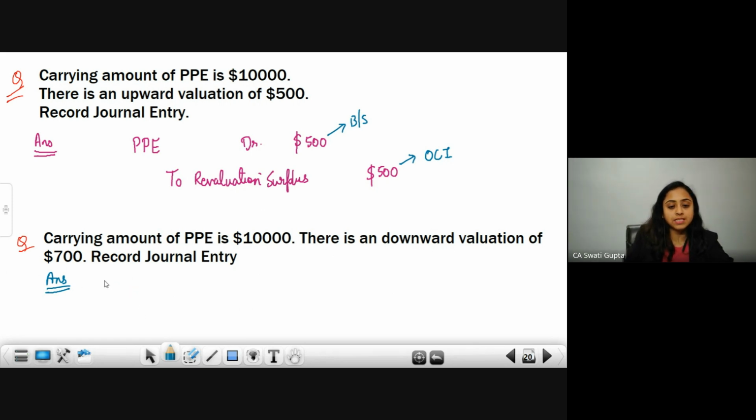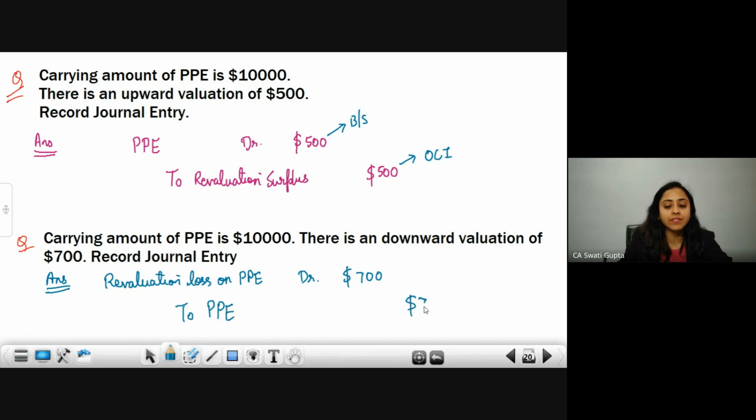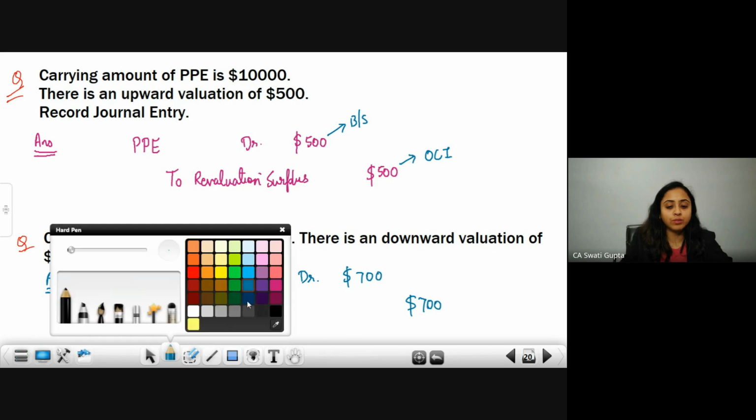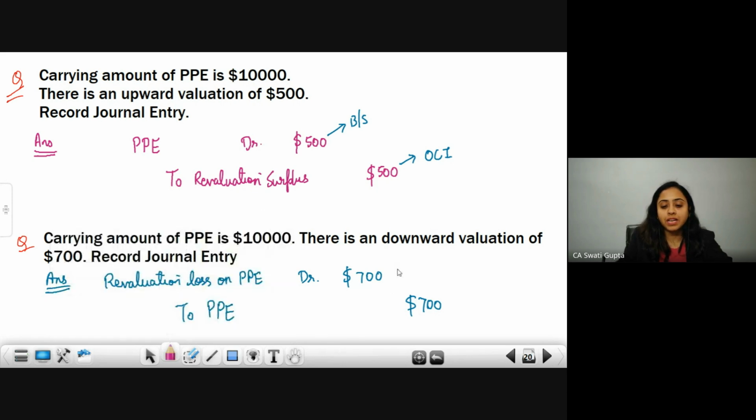Revaluation loss, debit, that is $700. Good. To PPE, property, plant and equipment will be reduced by $700. Very good. Okay, simple one. This will be shown under PL or OCI.